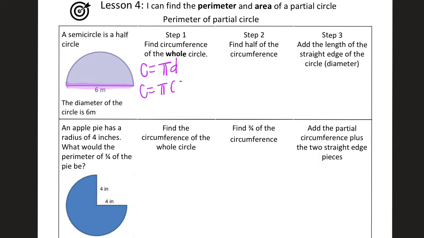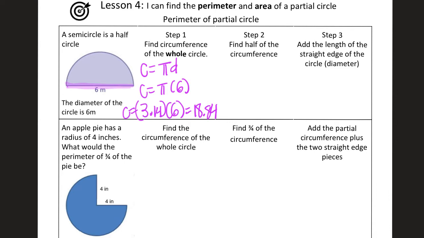Since my diameter is 6, instead of d, I'm going to put 6. And so instead of pi, we're going to use 3.14. So 3.14 times 6 is 18.84.